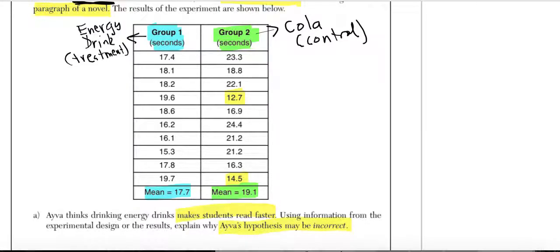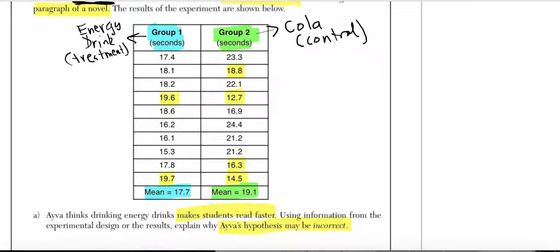But besides that, 16.3, even though it's not faster than everyone in group 1, it's faster than a lot of people in group 1, like the one who read 17.4, 18.1, 18.2. It's faster than almost everybody in group 1 besides maybe 2 of the students. 18.8 is slower than most students in group 1, but there were students in group 1 who read slower than 18.8 seconds.